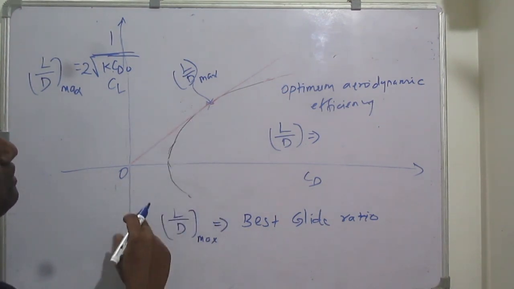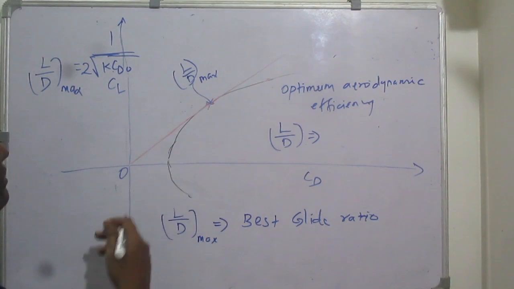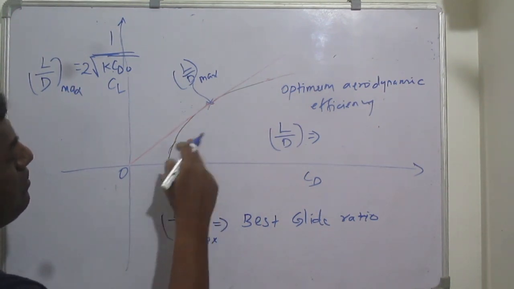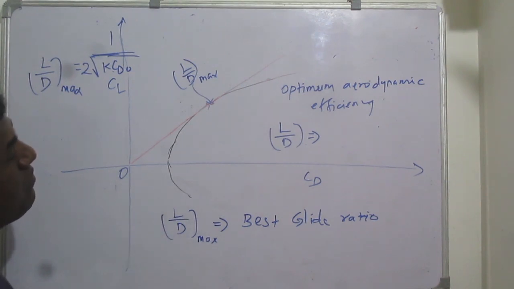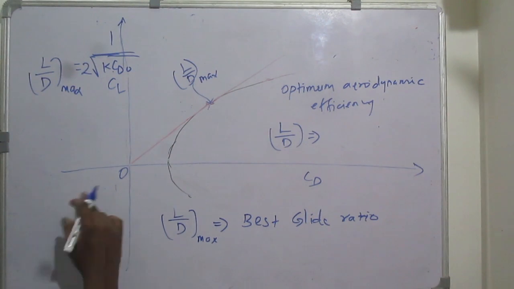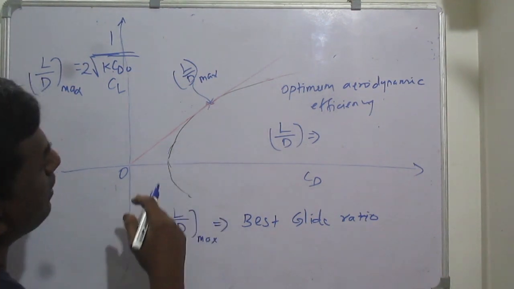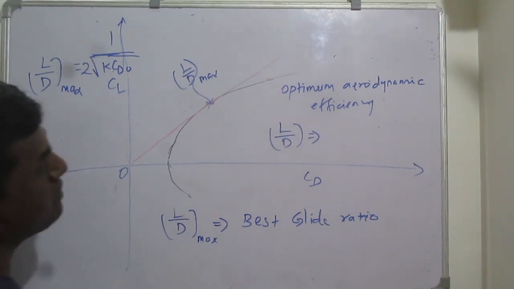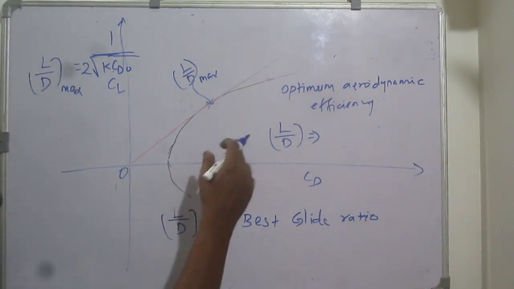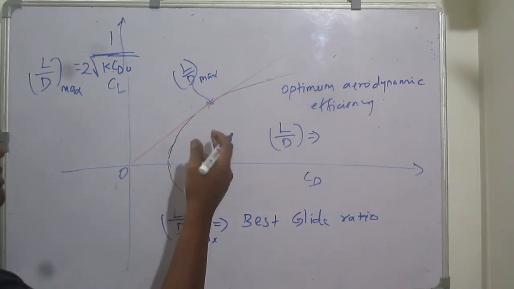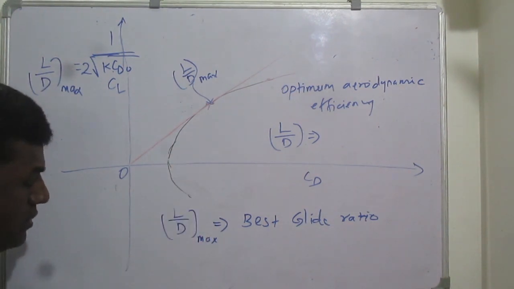This curve is also called the aircraft drag polar, or drag polar plot, because the drag polar equation is different from the drag polar plot. We know the drag polar equation is CD equal to CD naught plus K CL square, whereas this is called a drag polar plot, or drag polar graph.